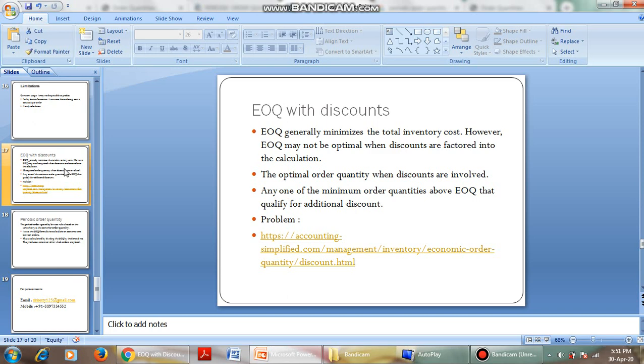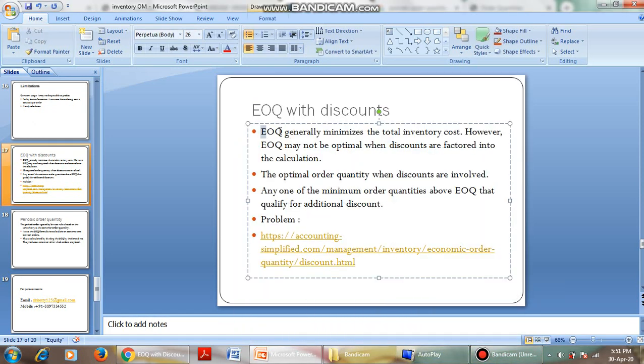For example, if we purchase 10 bags, you get a 5% discount; 20 bags, 15% discount; and so on. Whenever the quantity of the order increases, the discount is added automatically. So we will discuss this EOQ model with discounts here.